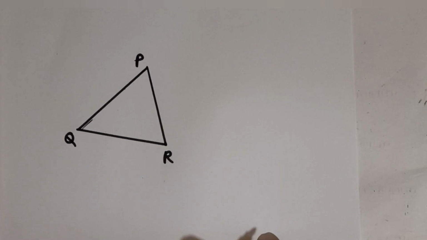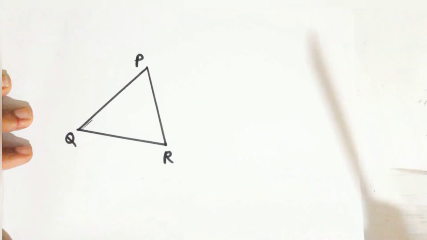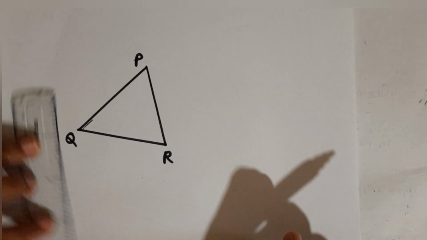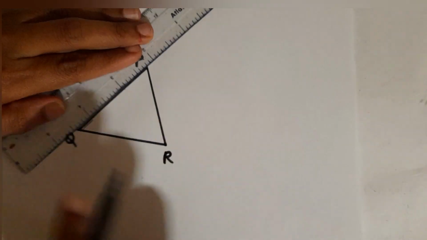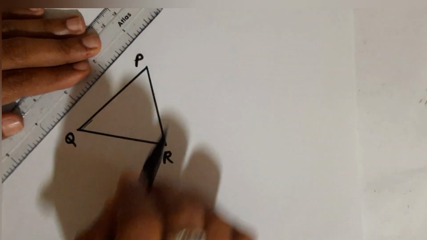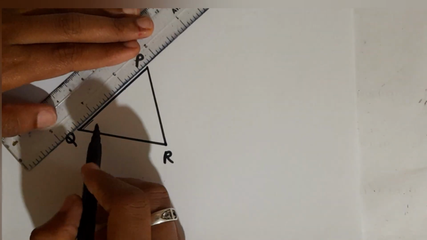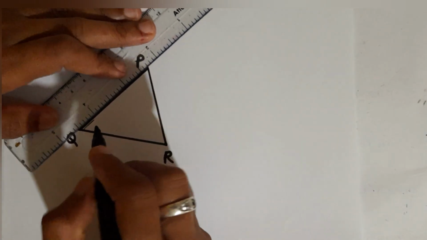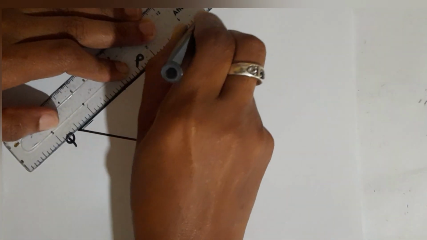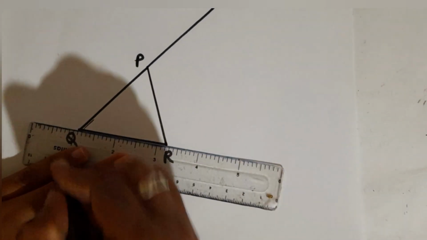Now we are going to learn how to construct the excircle or escribed circle of a triangle. We have taken this acute angle triangle PQR. First we have to extend two sides of this triangle like this: QP side in this direction and QR side in this direction.